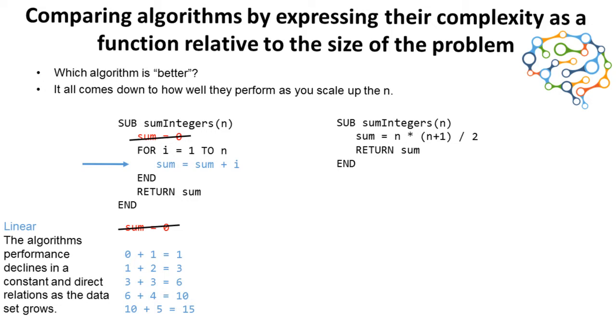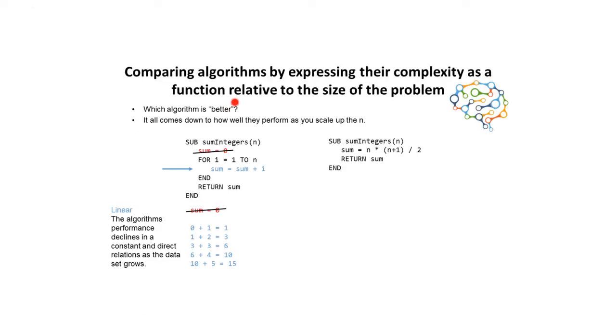Now, we can see here that no matter how large this number n becomes, this line is only going to execute once. The important part of this algorithm, in terms of its complexity as it scales, is this line. And as soon as n becomes anything other than a trivially small number, the amount of complexity that this single operation is adding on is insignificant, so we can ignore it.